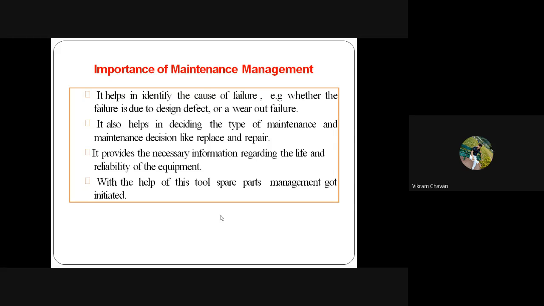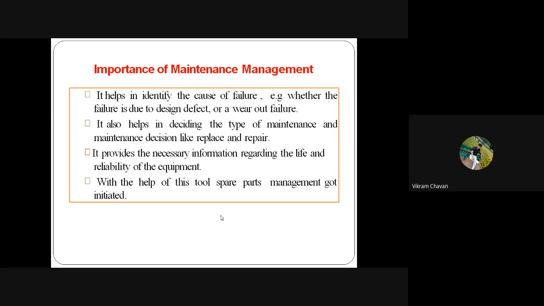So all the data related to the machine, how to perform preventive maintenance, how to check the machines, how to carry out the diagnosis of that machine, and the lifespan of that machine, how much time we can rely on that machine, all such data is recorded in the maintenance department, or under the maintenance management.